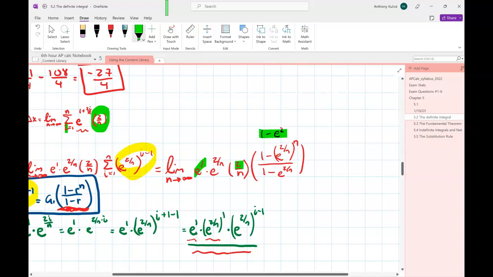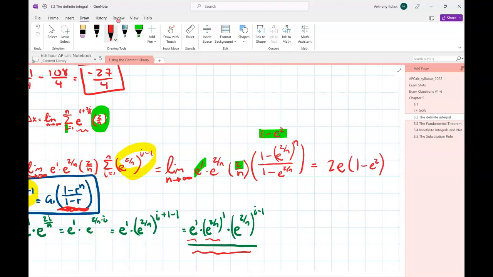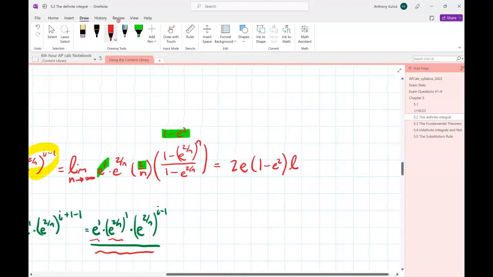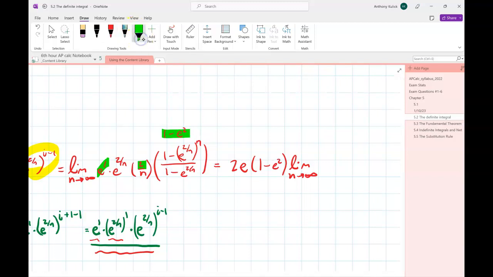So if I look, those pieces there that I've highlighted in green don't depend on n. So all of those parts I can pull out front of my limit. What's left inside my limit is this, this, and this.